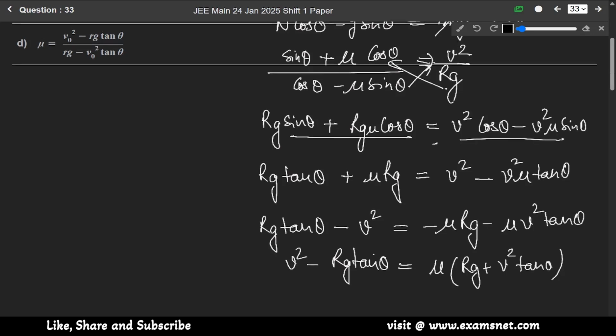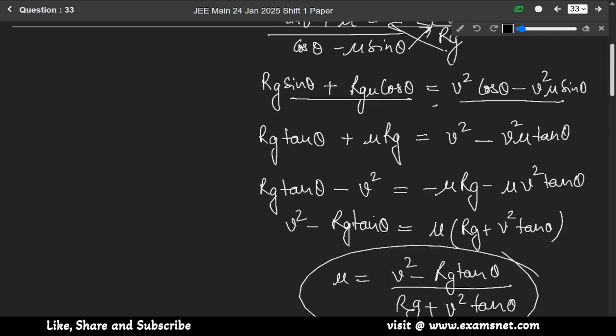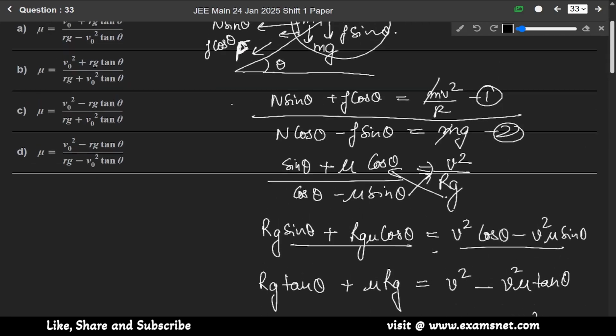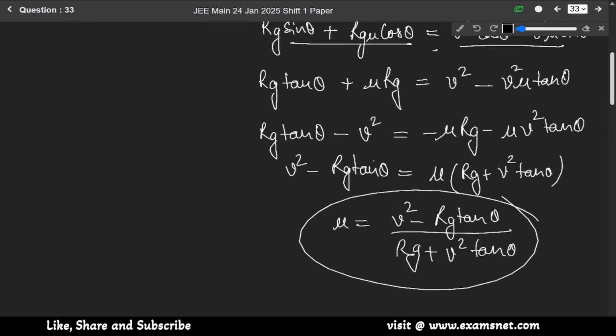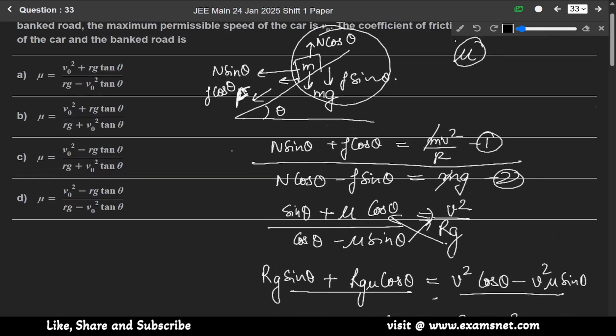So from here we see that mu is equal to v square minus r g tan theta over r g plus v square tan theta, or we can say v naught square minus r g tan theta over r g plus v naught square tan theta. It means option C is the correct answer.